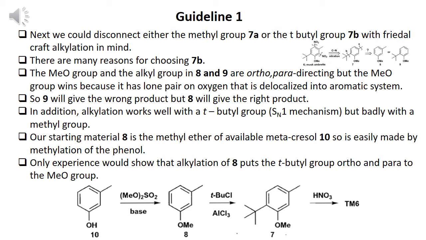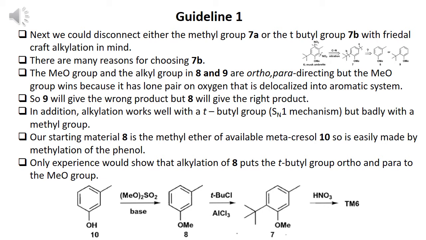Our starting material 8 is the methyl ether of the available metacresol 10, so it is easily made by methylation of the phenol. So there is an option of where we can get this 8 from.